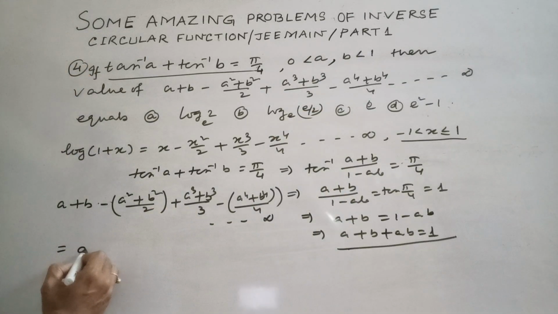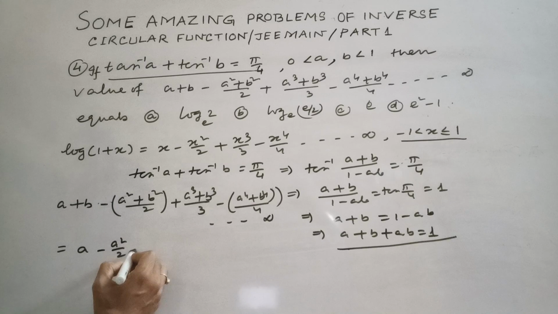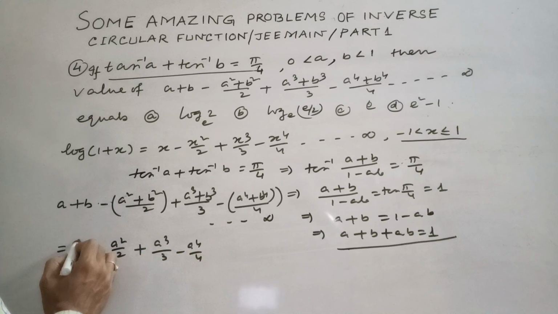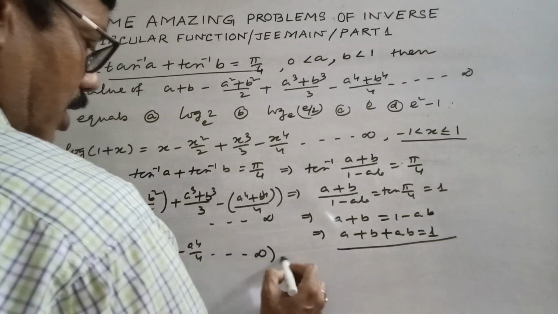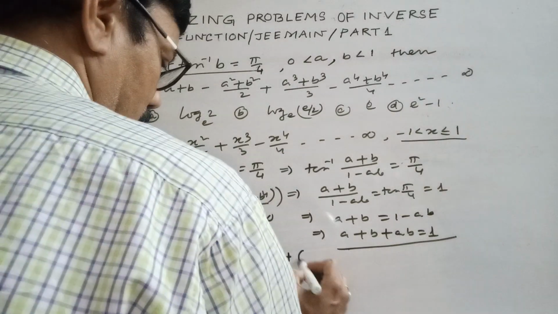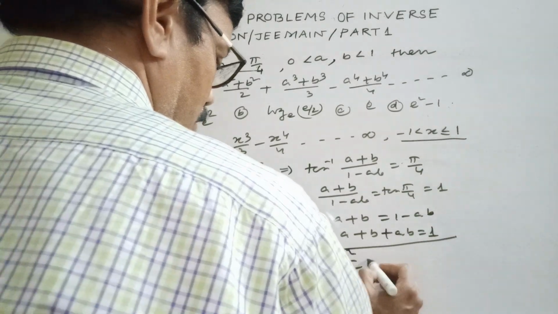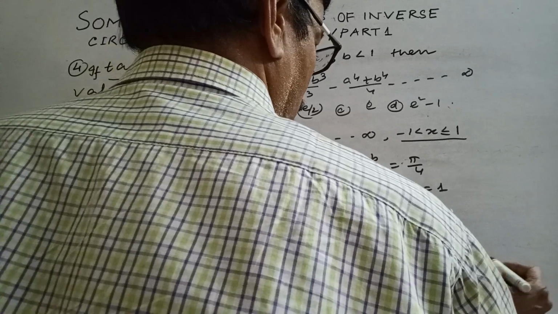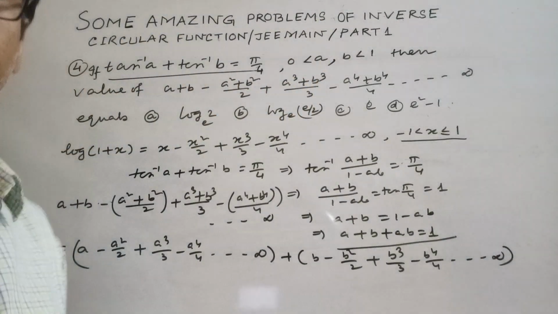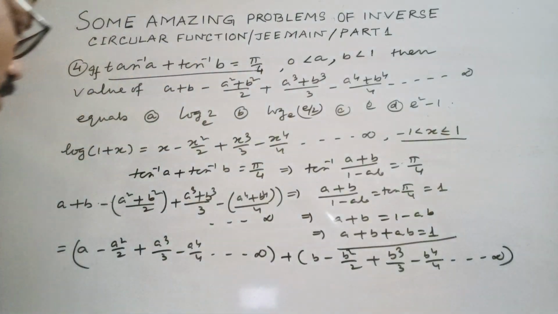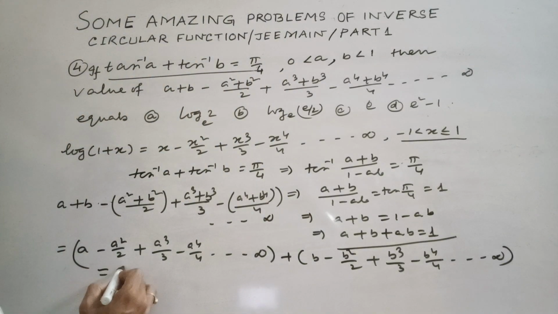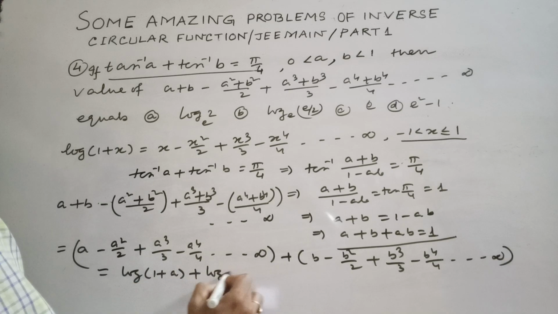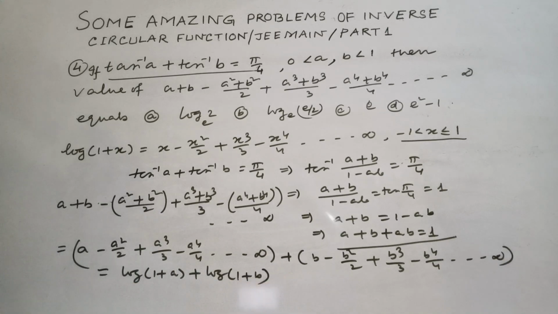If we take the first terms within one bracket, A minus A square by 2 plus A cube by 3 minus A4 by 4, and the second terms within one bracket, B minus B square by 2 plus B cube by 3 minus B to the power 4 dot dot infinity. Now look, this is a well-known formula. This is log 1 plus A and this one is log 1 plus B.